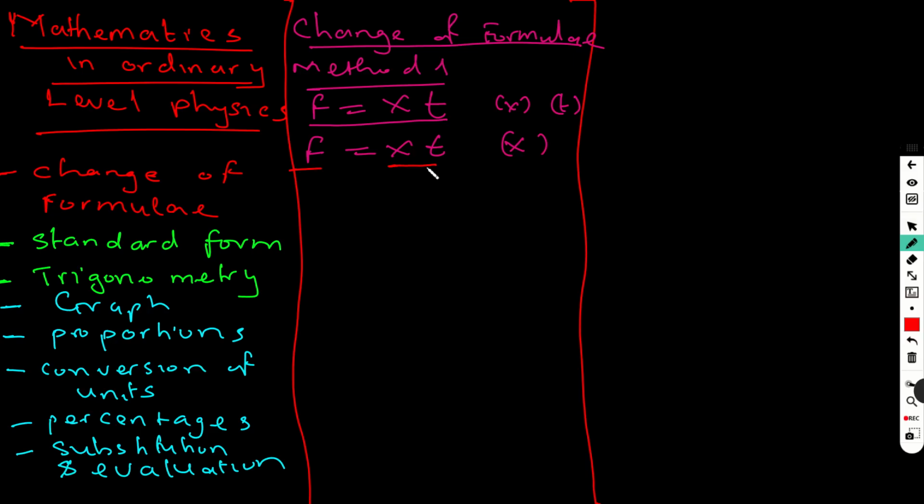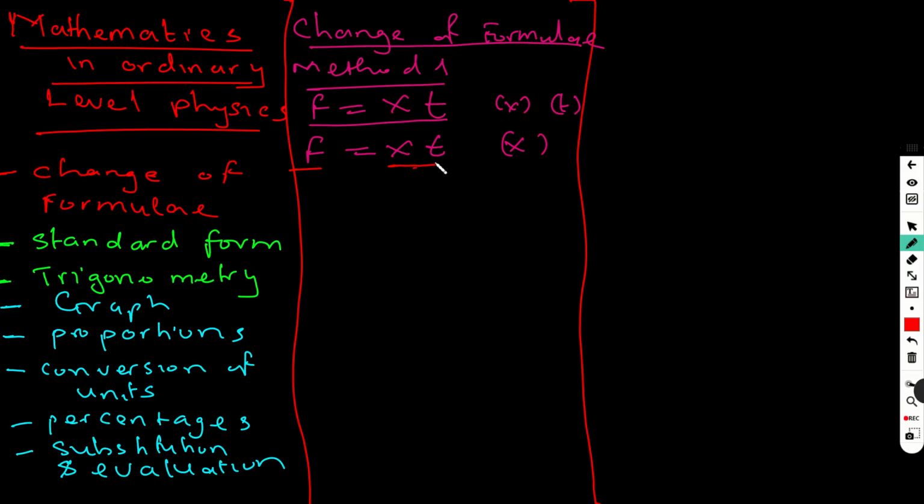Now, since the physical quantity x is on the right and f is on the left, and these quantities are above this line that we have drawn, all the quantities beside the one you are looking out for, the one that you want to stand on one side alone, since they're above the line, you take them below the line to the other side.